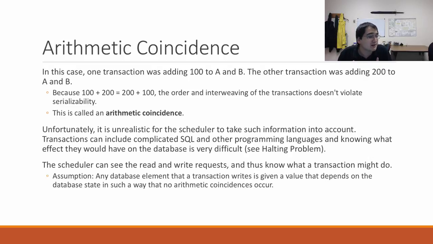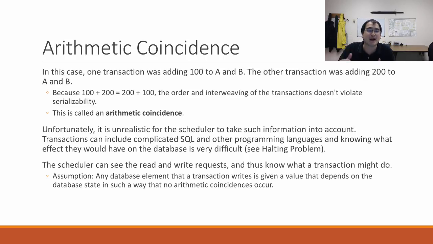So the things that the scheduler uses to make its decisions are the parts of the database you're trying to read from and the parts of the database you're trying to write to, and thus it has some idea of the sorts of things a transaction might do. And so it makes an assumption. Anytime you write to the database, it assumes that the value depends on the database state in such a way that no arithmetic coincidences occur.